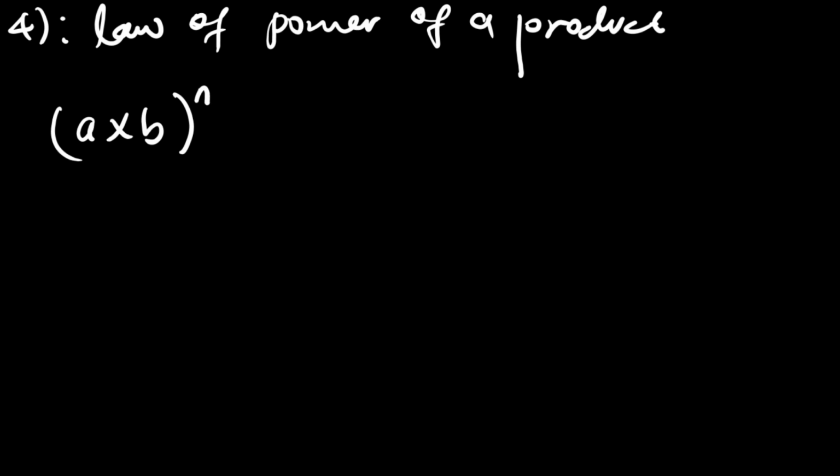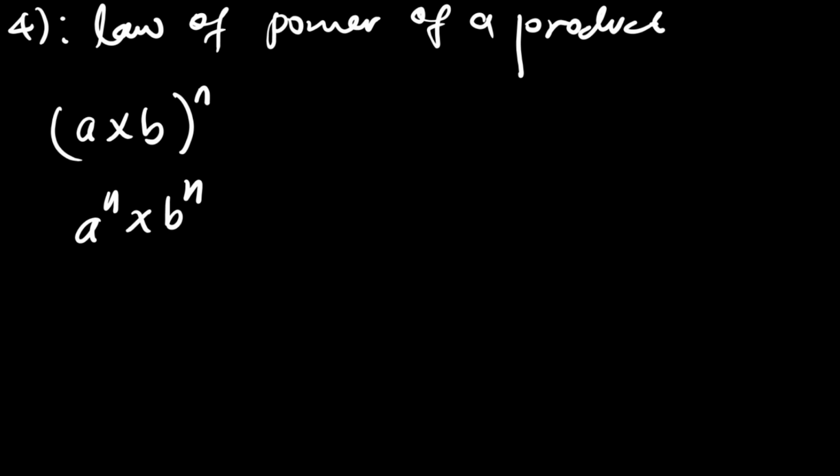The power is distributed to each factor, to a and to b. So for the law of power of a product, a times b, all power of n, becomes a power of n times b power of n.